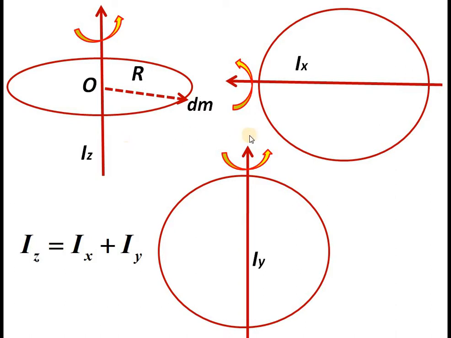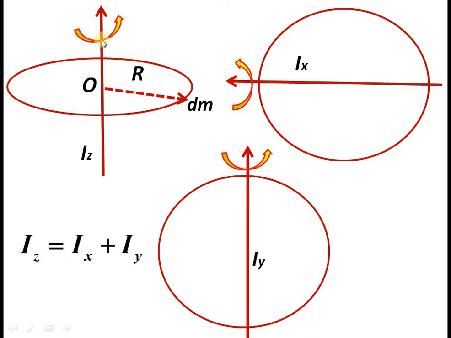Now imagine another axis, a horizontal axis x. Let Ix be the moment of inertia when the ring rotates about this axis. Similarly, you can imagine another axis, say the y axis, in a vertical direction but lying in the plane of the ring.